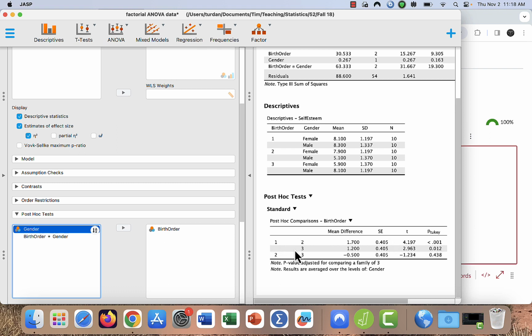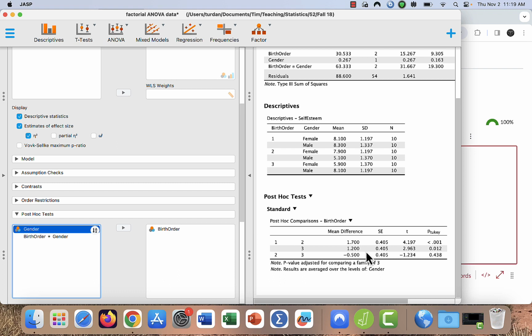Firstborns also have higher self-esteem than thirdborns, and that's significant. Secondborns have lower self-esteem than thirdborns, but that's not significant. So we would say that when controlling for gender and the interaction effect, firstborn kids have higher self-esteem on average in the population than second and third born kids. But there's no difference between second and third born kids.